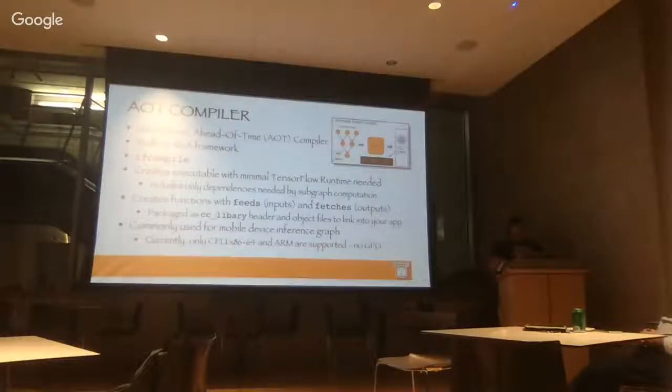So XLA, but this is where it starts at the input and goes to the heads and strips everything out and just pulls in from that TensorFlow runtime, just the kernels that are needed, the operating system kernels as well as the TensorFlow kernels. The output of this is a CC or an object file and a C header file that then gets linked in. It's 70K versus what would normally be 50, 60 meg at runtime.